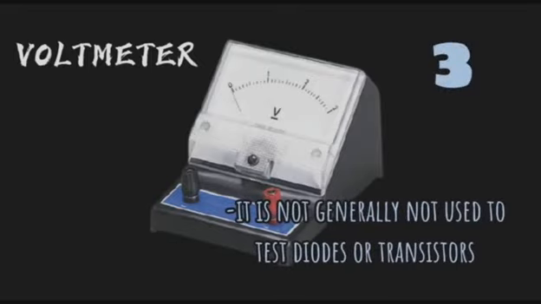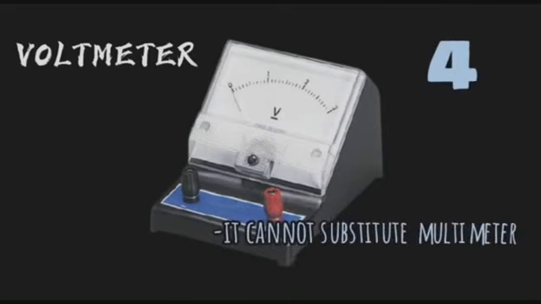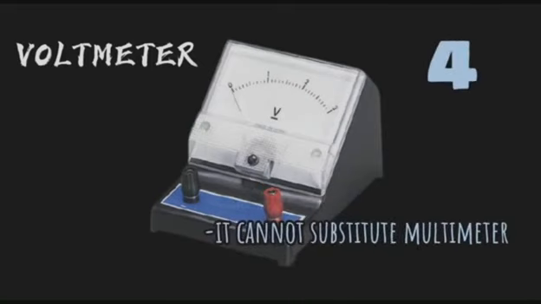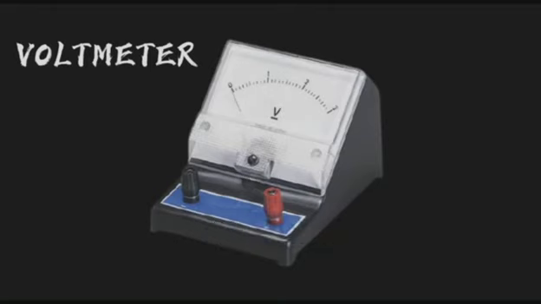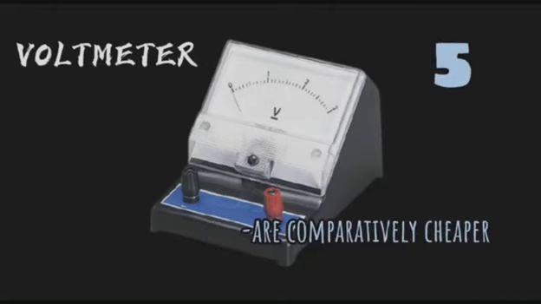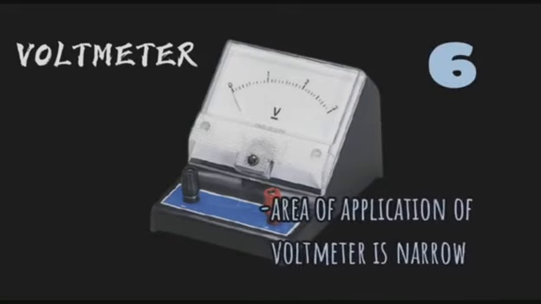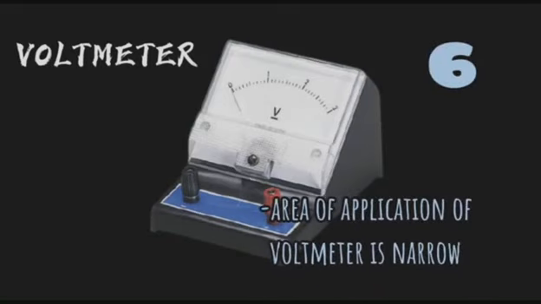Third, voltmeter is generally not used to test diodes or transistors. Fourth, voltmeter cannot substitute multimeter. Fifth, voltmeters are comparatively cheaper. And sixth, area of application of voltmeter is narrow.